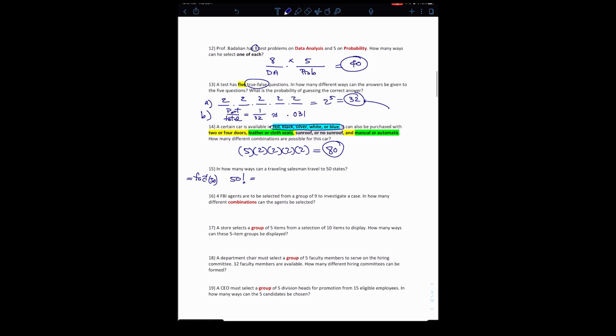On Excel, it will look like 3.04 E plus 64. That is known as scientific notation. If you haven't seen this before, this basically means 3.04 times 10 to the power of 64.